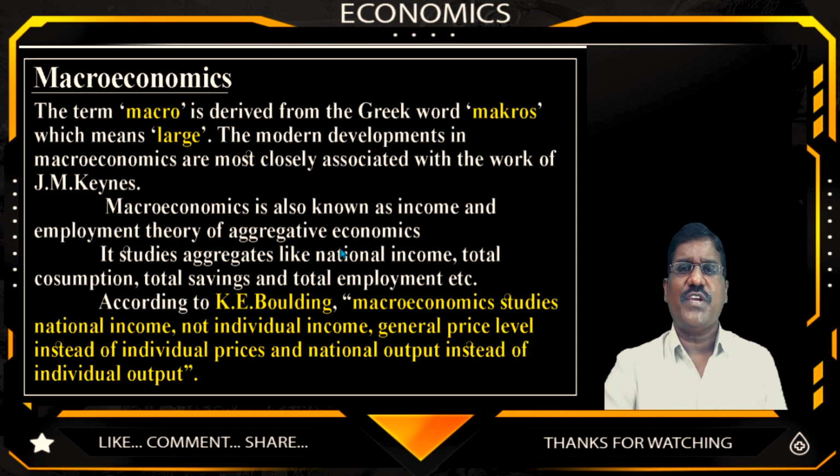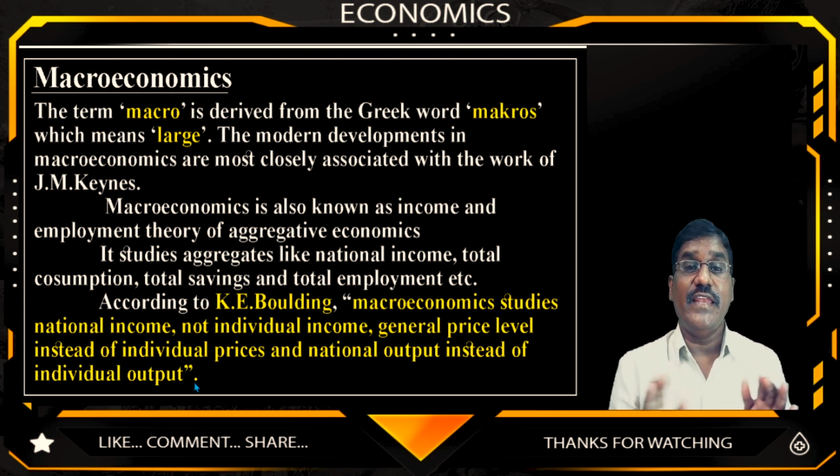According to K. Boulding, macroeconomics studies national income. Macroeconomics is the study of national income, not individual income; the general price level instead of individual price; national output instead of individual output. Only the general, not the individual, must be taken.